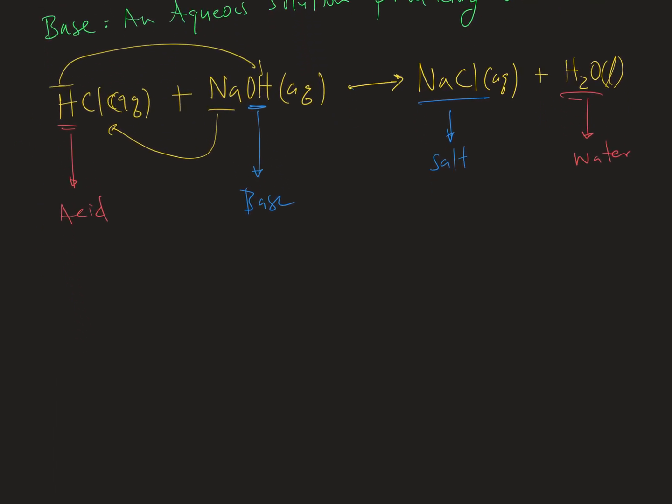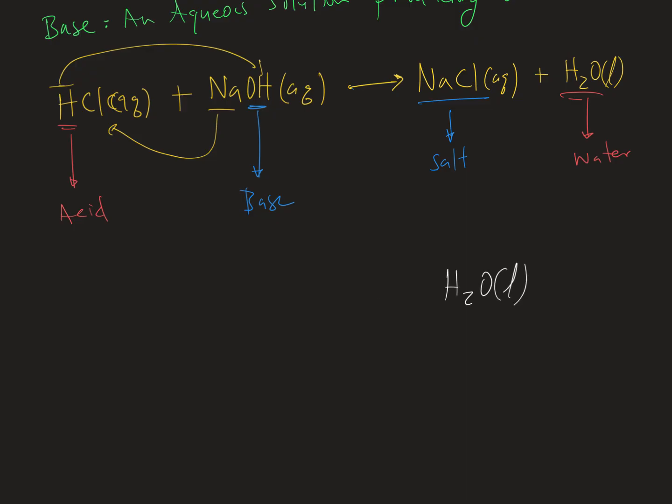Does that make sense to everybody so far? All right. So, can we write the net ionic equation for this one? Should we write the complete ionic equation first? Who wants to? Okay. Then what's my product here? Water.